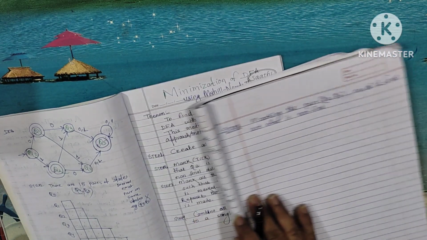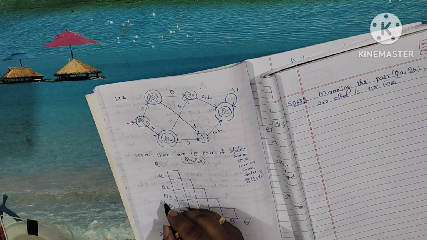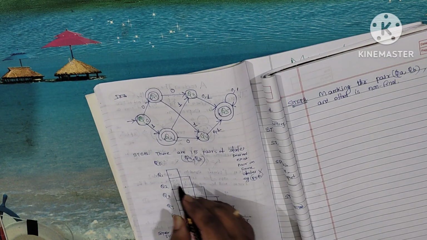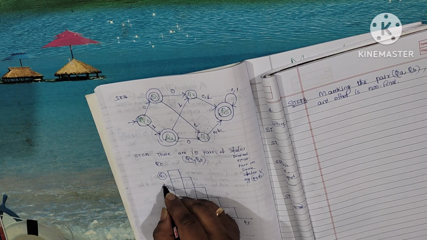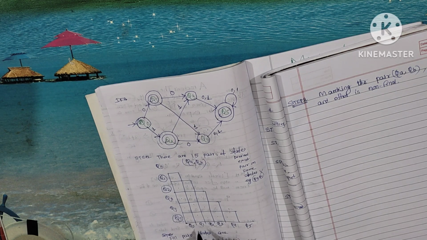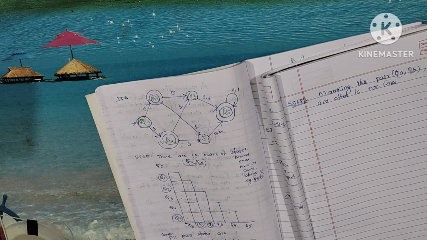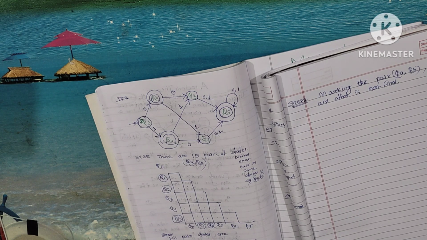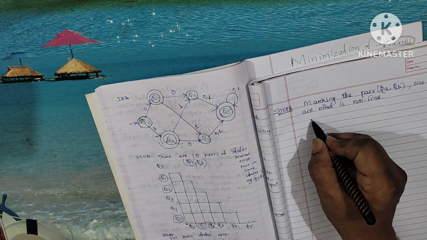Okay, now if you see this figure completely, here Q1 is the final state, Q2 is the final state, Q5 is the final state. Now if you write this step 2 here, let us go quickly.